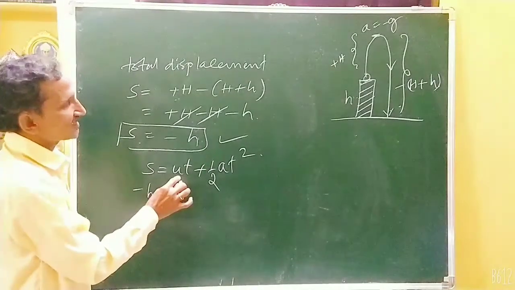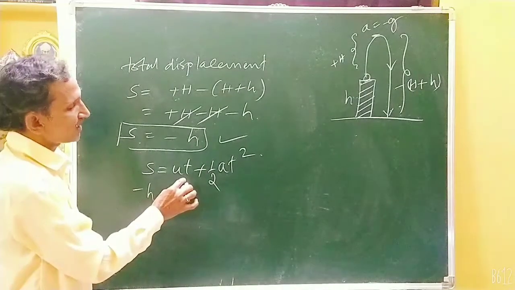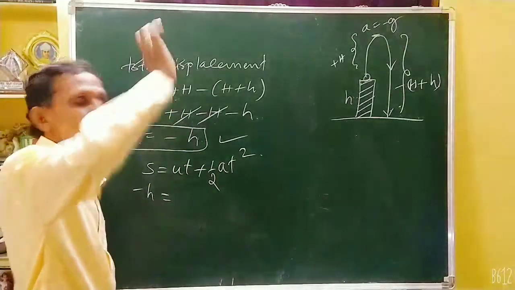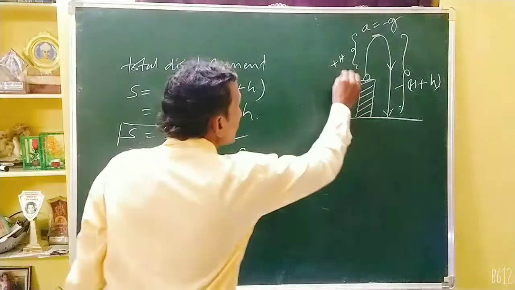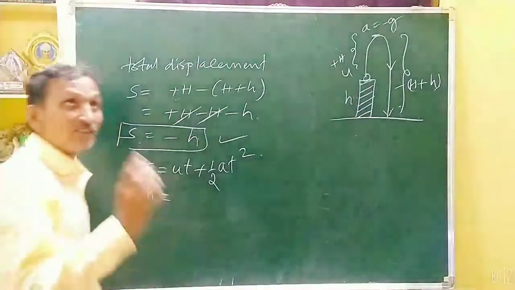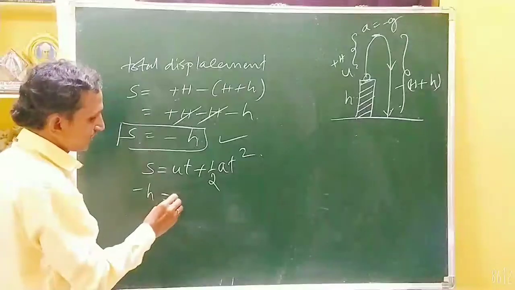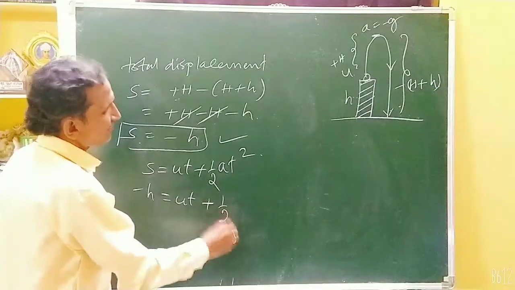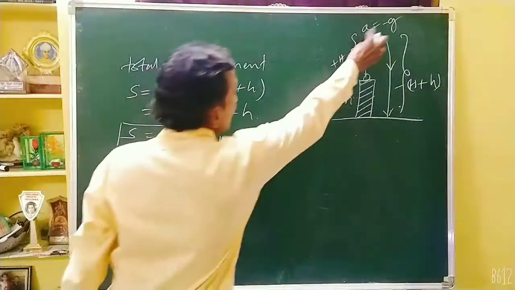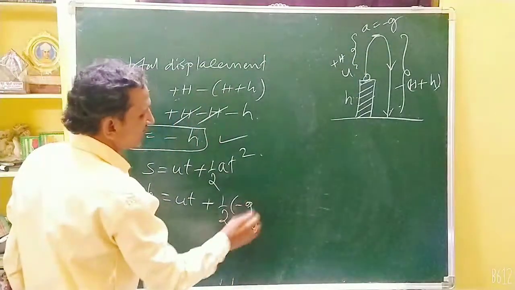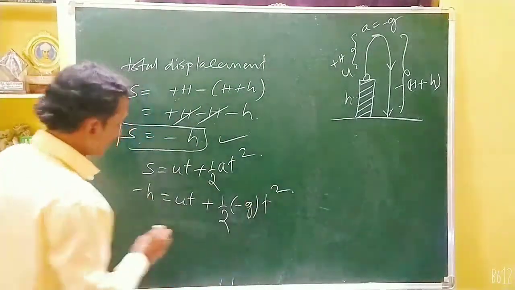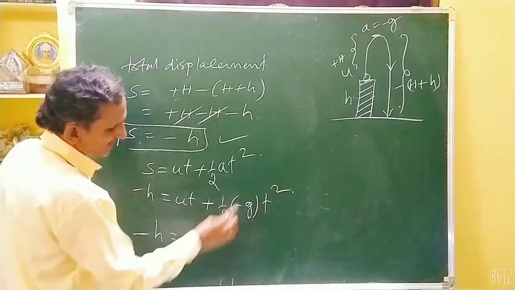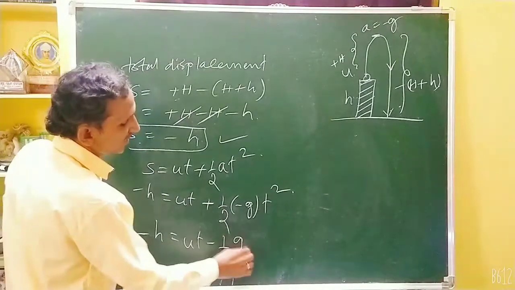The velocity when the body is going up along the positive y-axis is taken as positive, so the initial velocity is u. Acceleration a is minus g. So the equation is minus h is equal to ut minus half g t square.